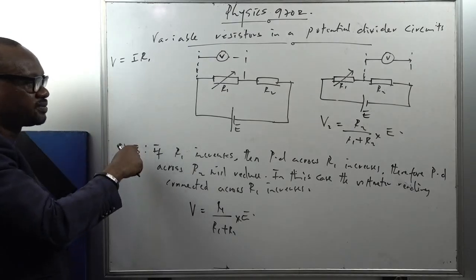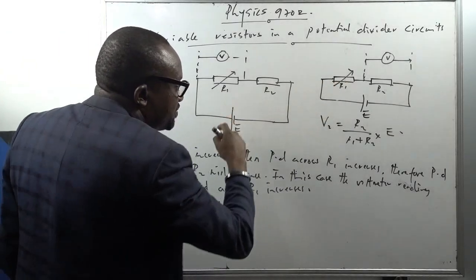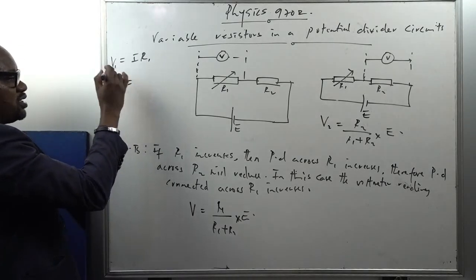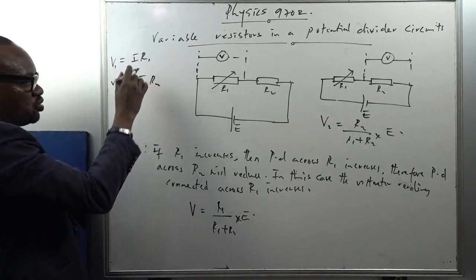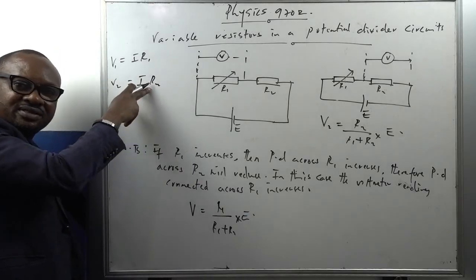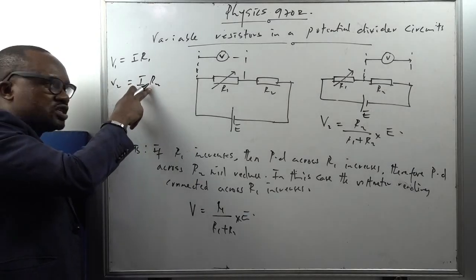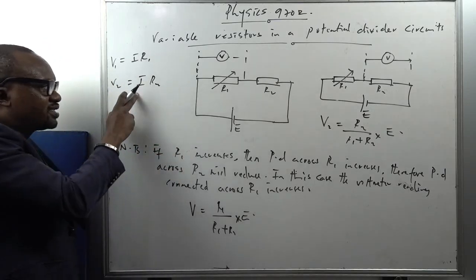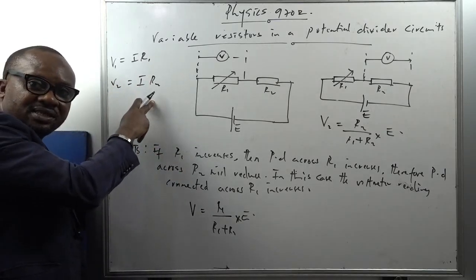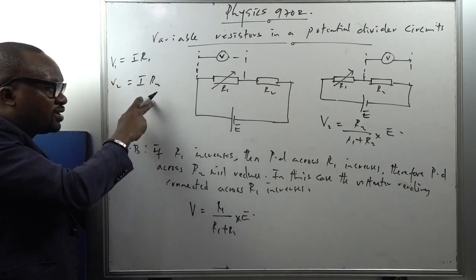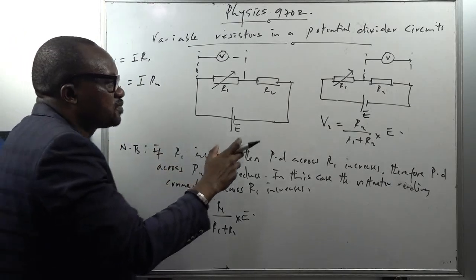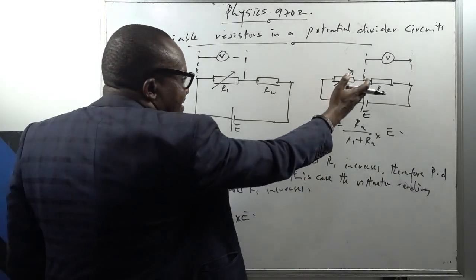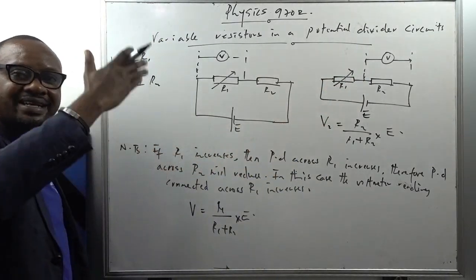Is that okay? Now, if I want to explain this, the voltmeter reading across R2 is given as IR2. R2 here is a fixed resistor. So I'm going to explain the voltmeter reading in terms of the current, not in terms of resistance, as in this case. So what do I do? If the resistance of R1 increases, the combined resistance of the circuit will increase.